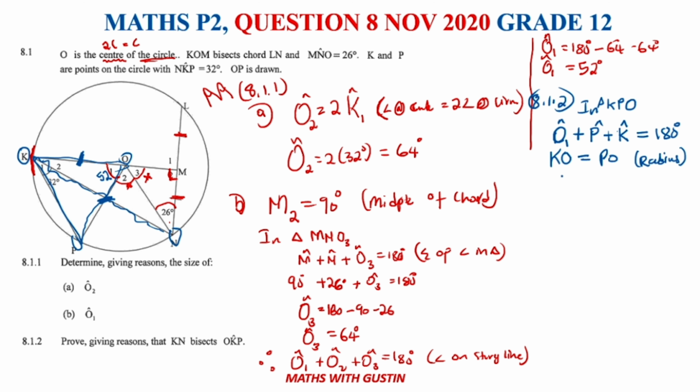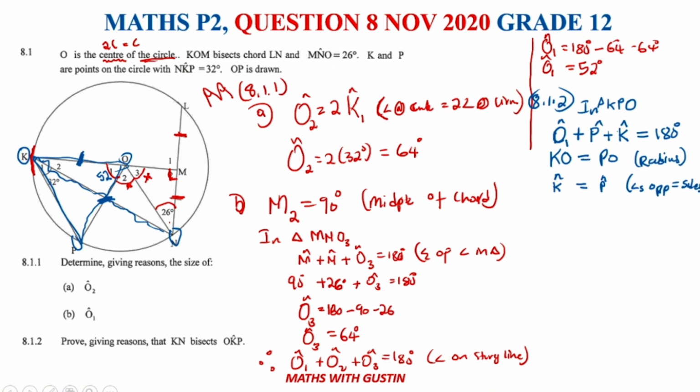This means that K should be equal to P as well. So what is the reason here? The reason will be angles opposite equal sides.